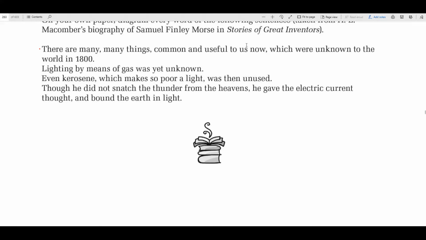Okay, yeah, this is a prepositional phrase. To us. I don't know why I was including that. To us is a prepositional phrase. This is an adverb telling when it's useful, which were unknown to the world in 1800. Okay, so we got our prepositional phrases.